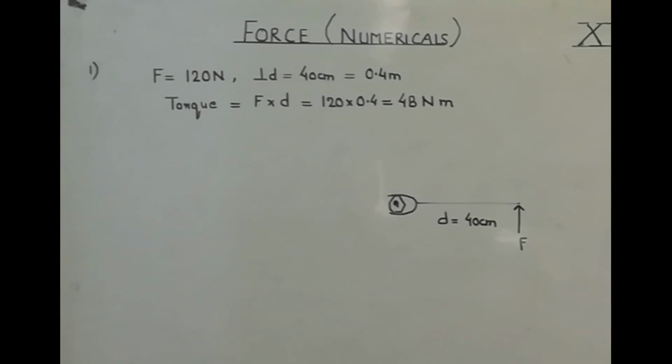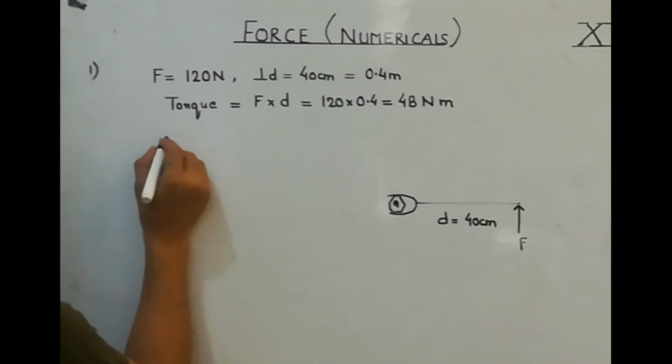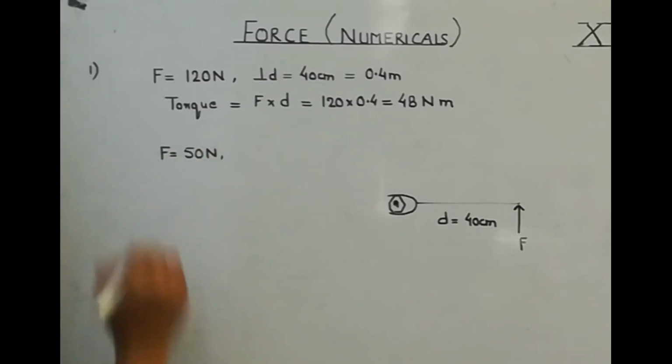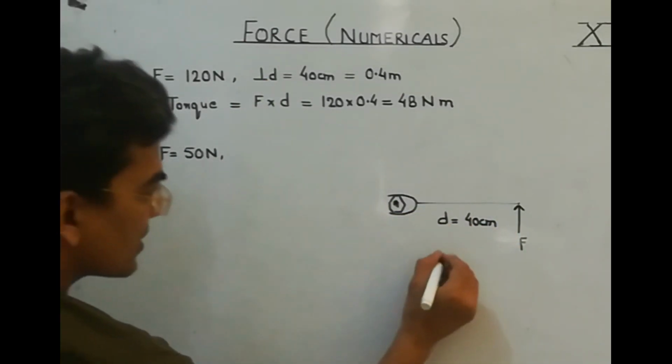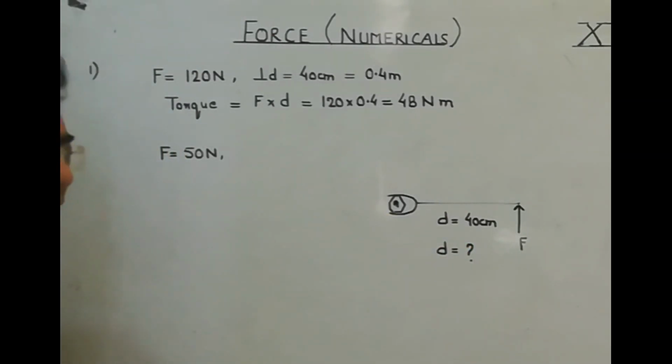Okay, now the second part of the question says, how long a handle is required if we want to open it by applying a force of only 50 Newton. Now, in case 2, force is given to you. Now the person has to apply a force of 50 Newton. And they are saying how long the handle should be. In the second part, D is unknown.